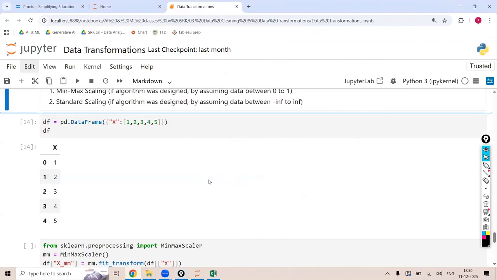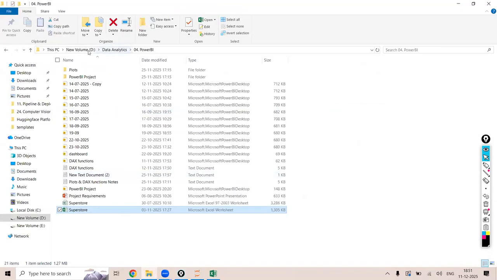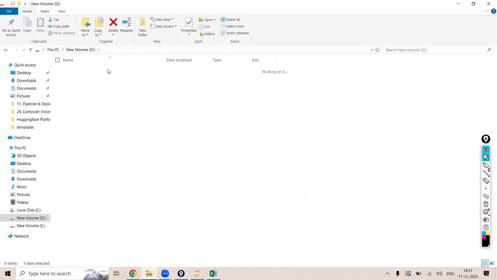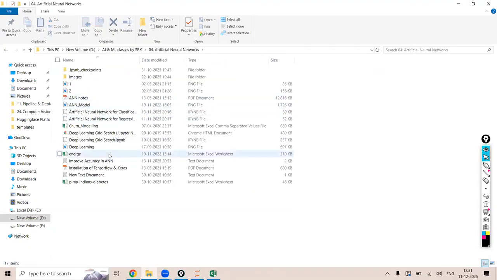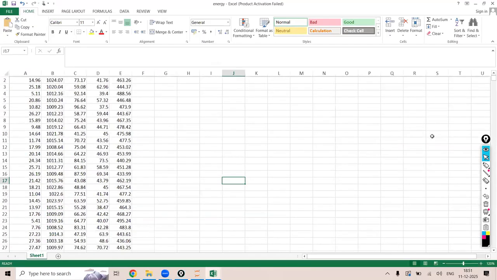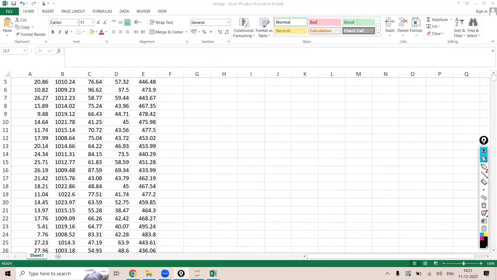You do not do it in every case. Now I will show you with a small example, and you have to tell me whether you will do the scaling or not. Here the values are like this. You can see that some numerical values are available.